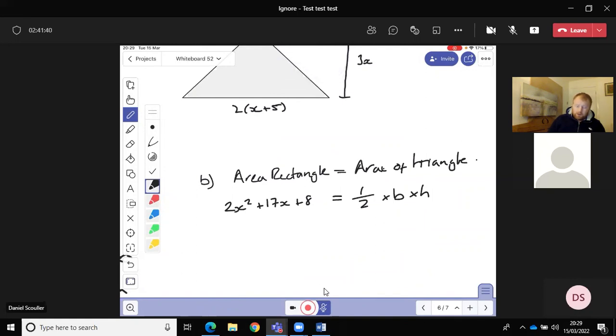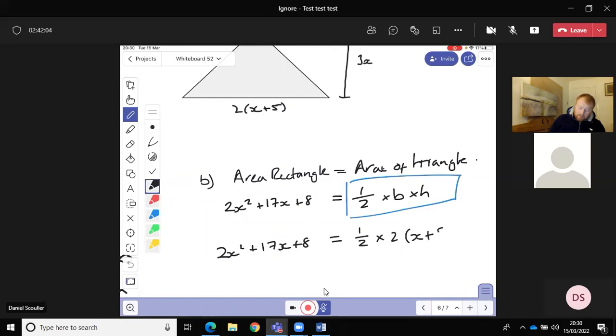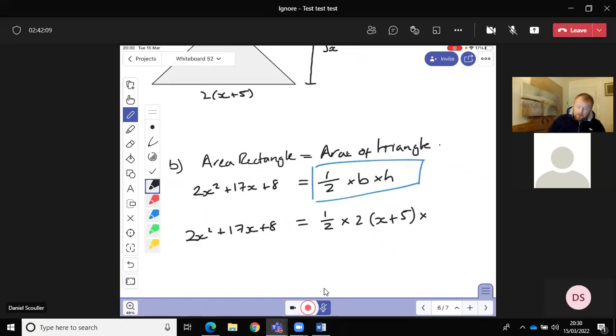So it's wanting you to work through that right hand side: half multiplied by the breadth, which is 2x plus 5, multiplied by the height, which is 3x.